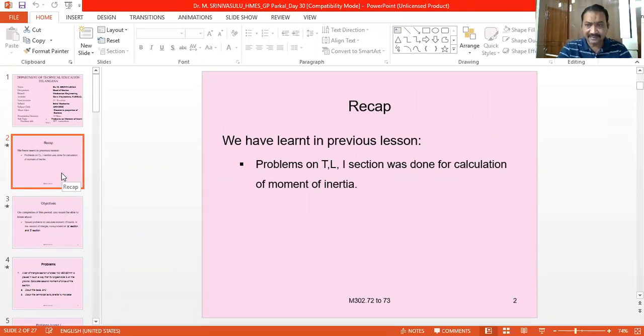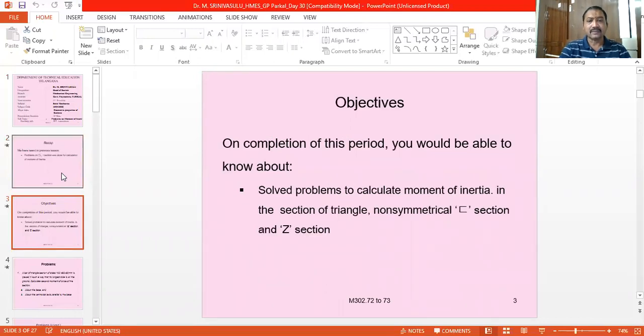In this class, we will discuss some more things. Today we are going to discuss the problems on the triangle section, non-symmetrical C section, and Z section. And if possible, we will also discuss the problem on the I section.